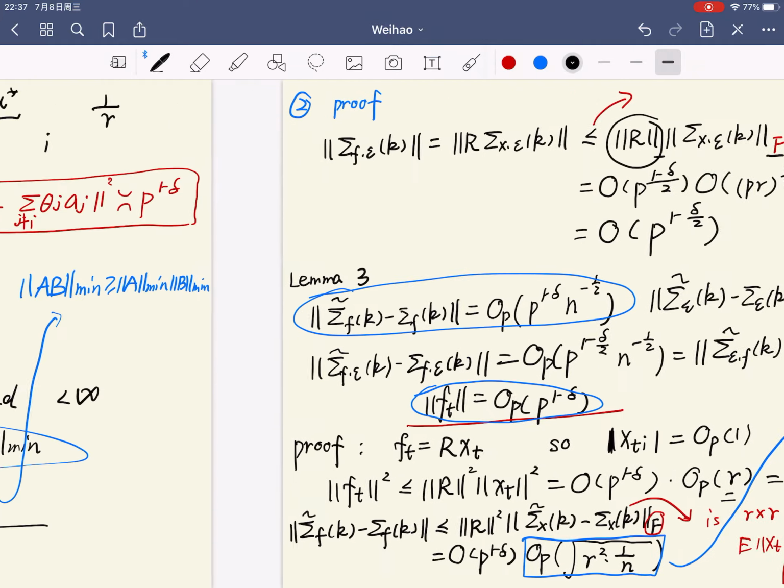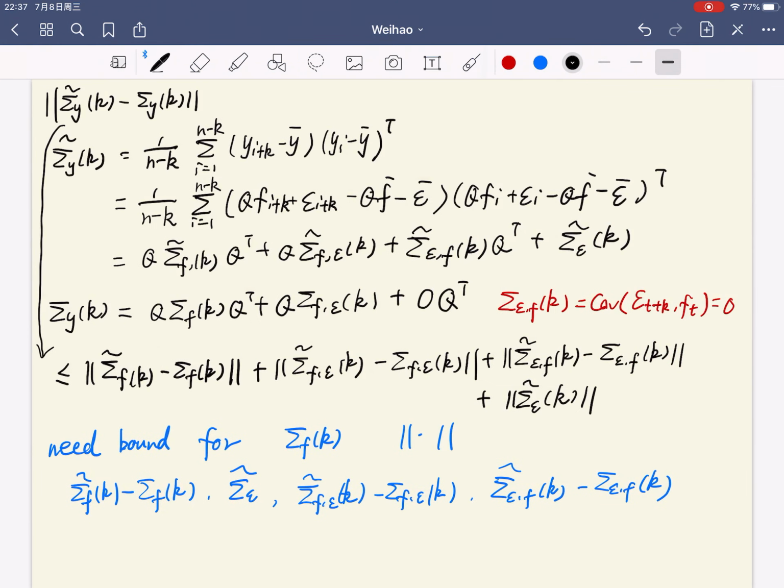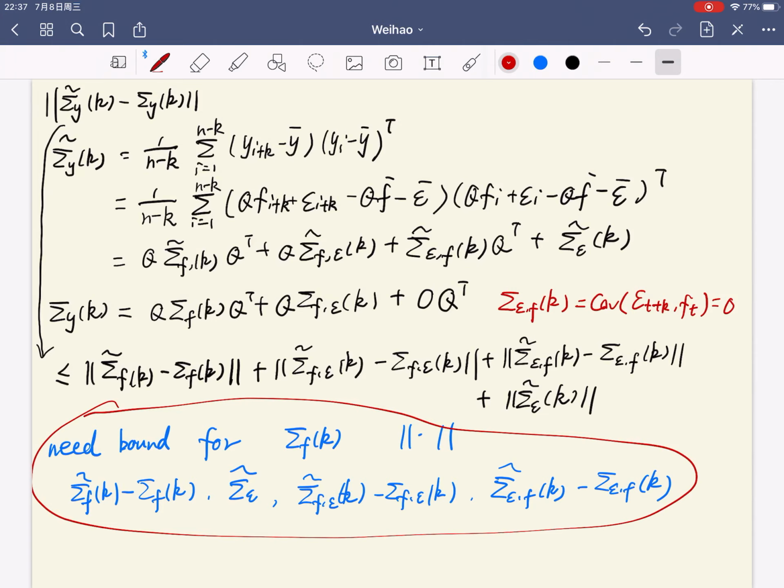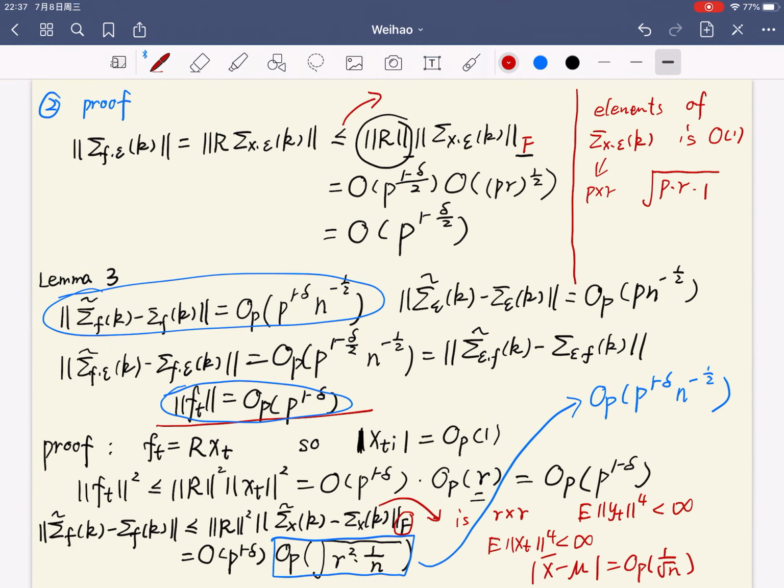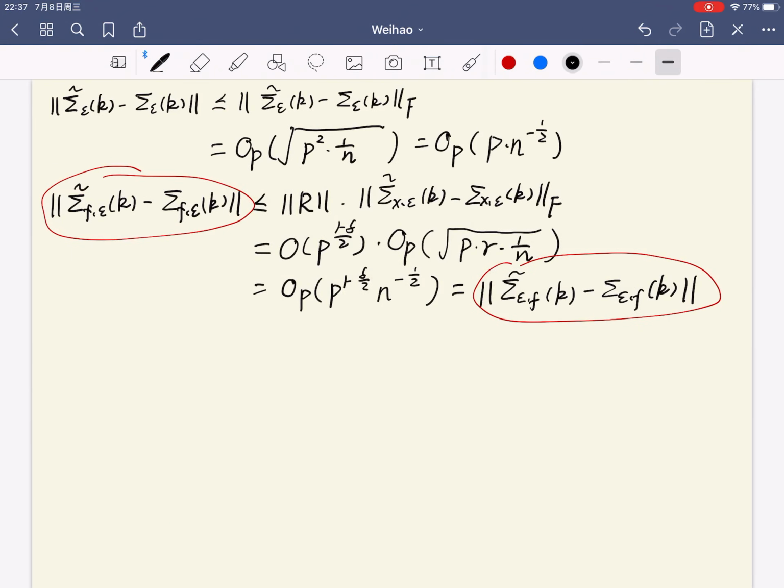Now, since we have obtained the bound for this kind of thing, we can go back to our original problem: the bound for the difference between L and its sample version.